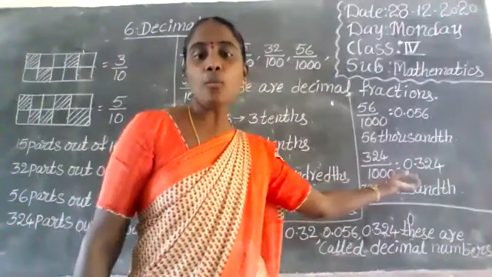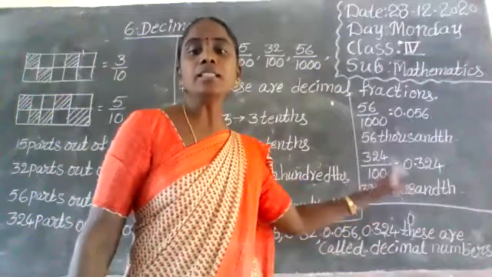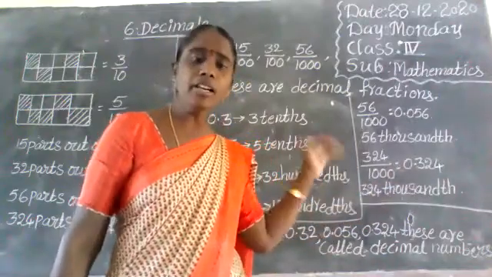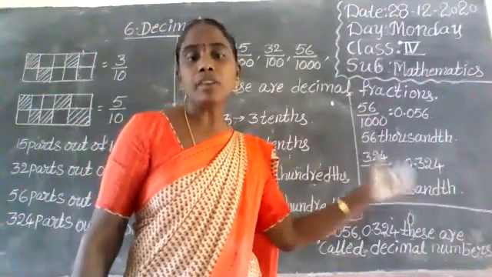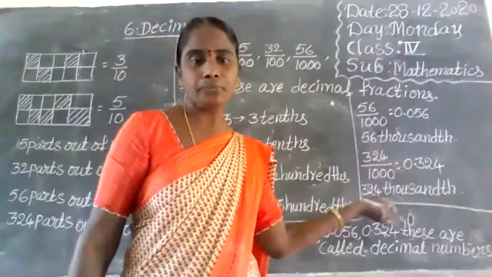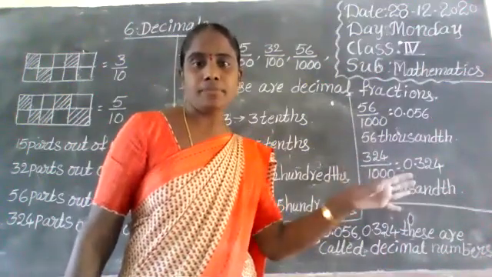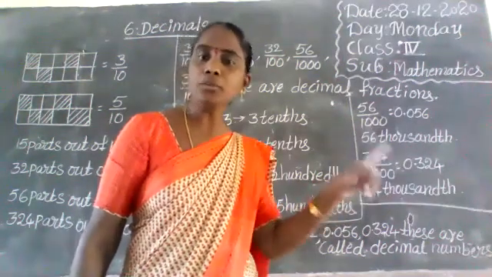That is 0.324. Don't read 324, children. In whole numbers, we read 324, but in decimal numbers, we have to read digit-wise, place-wise. Don't read it like that.